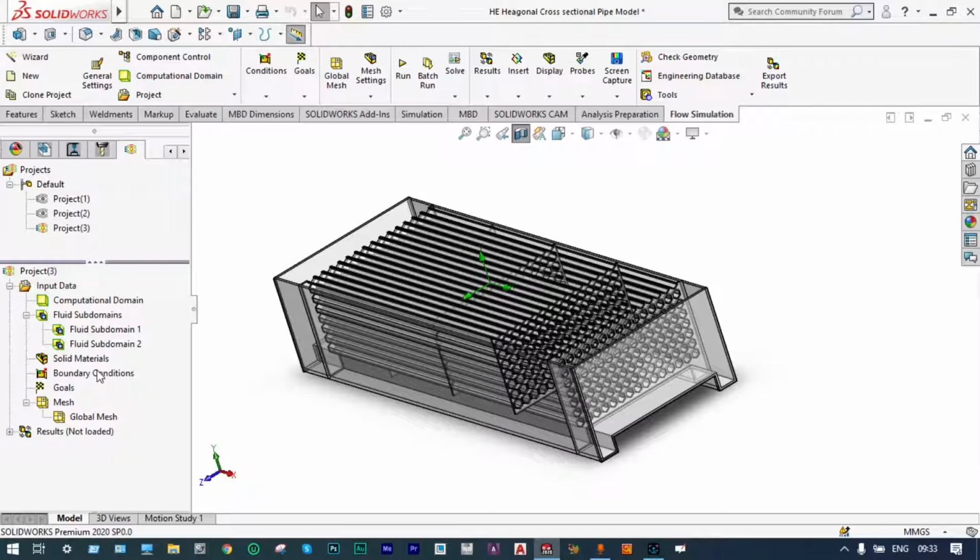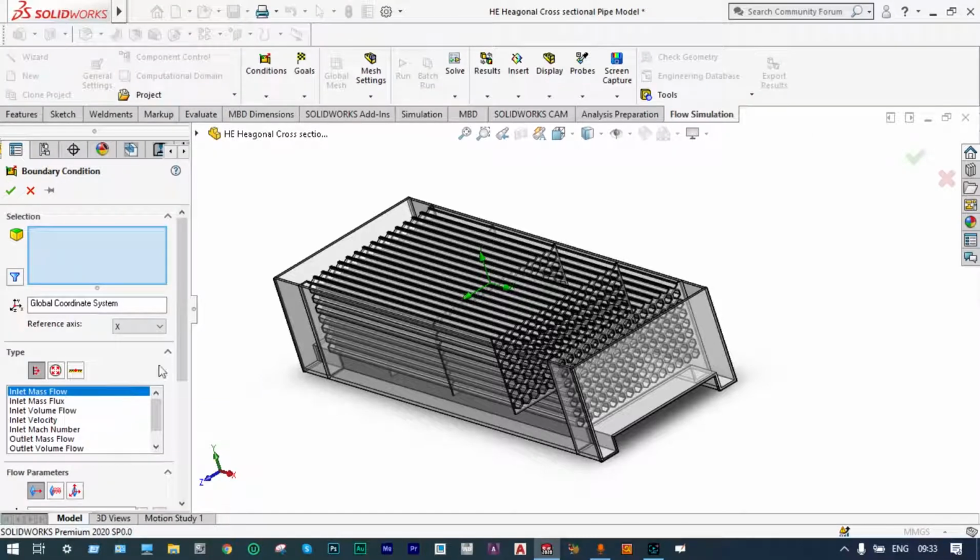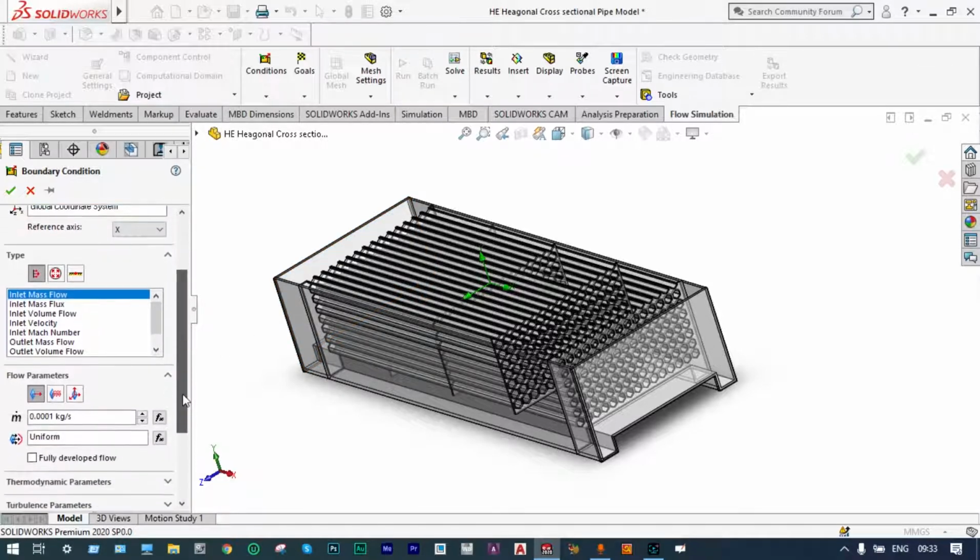Next to that, you have to provide boundary conditions. Insert boundary conditions, and as mentioned before, cold water will be provided from these walls, these locations, and let us select the mass flow rate to be 1 kg per second. In all cases we'll be considering the same thing.